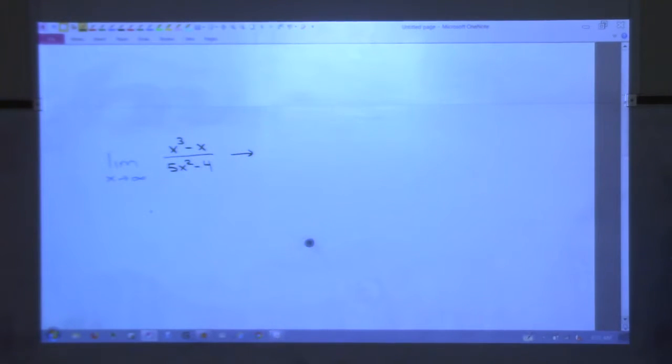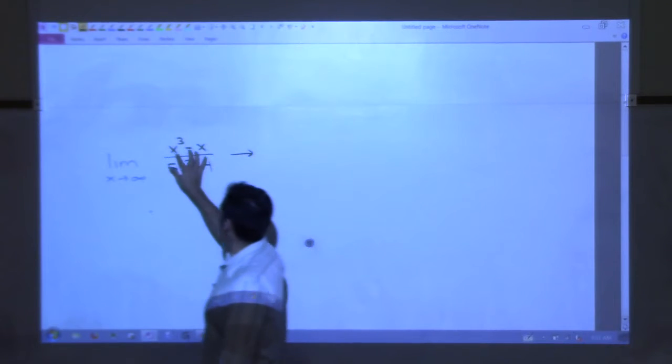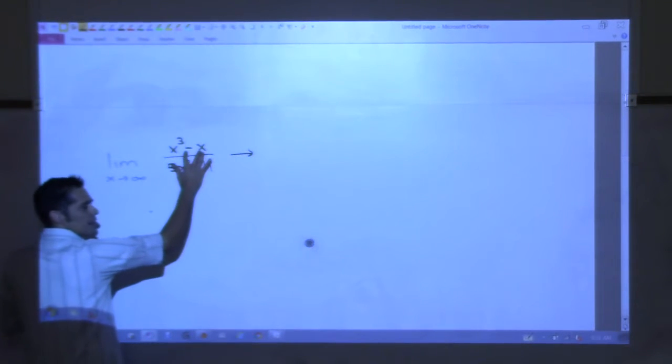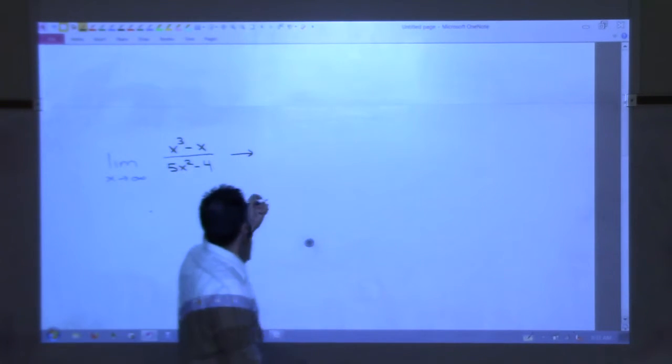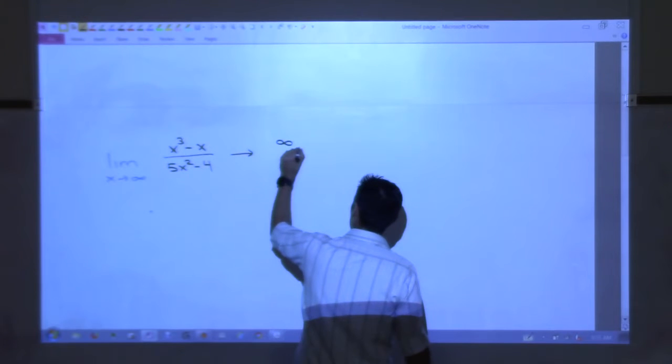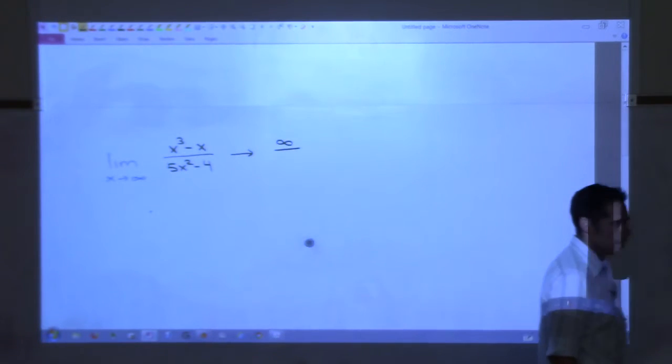Where's the numerator headed? Positive infinity. Now, technically it's headed to infinity minus infinity, but I think you're already putting it together that that's a higher power than that one. So this one's going to dominate. Okay, that's what I'm going to do. I'm not going to write down infinity minus infinity. I'm just going to put infinity there.